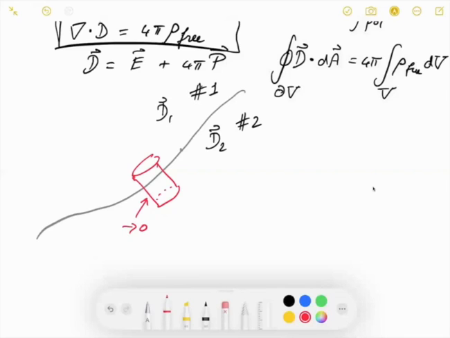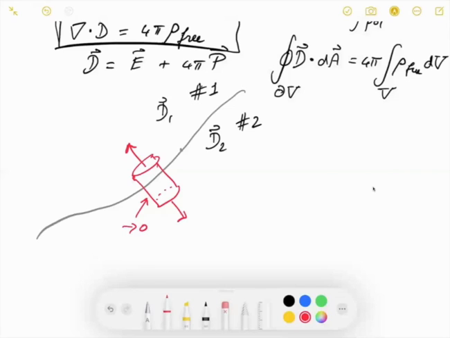And then that means that we can calculate the flux, which would be the flux due to that field D integrated over the surface area.